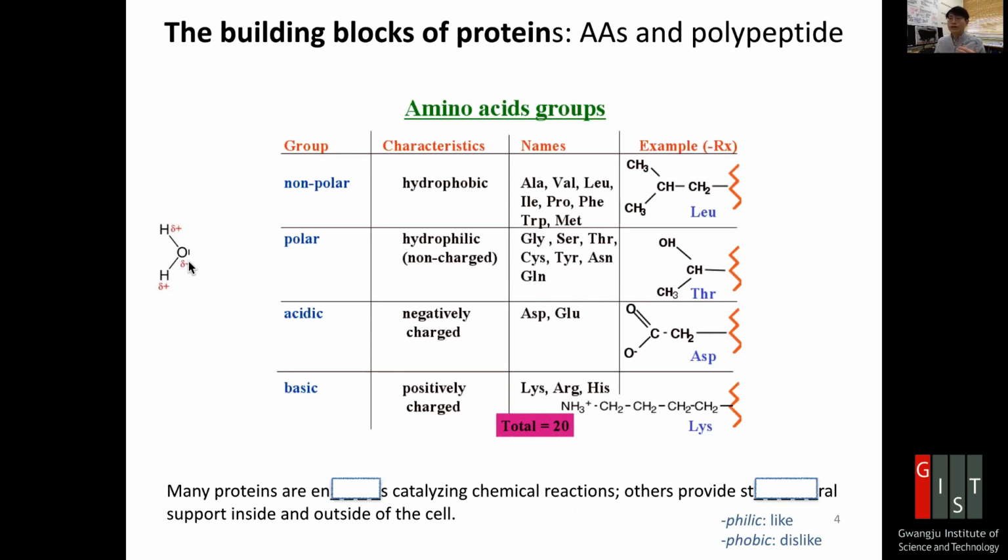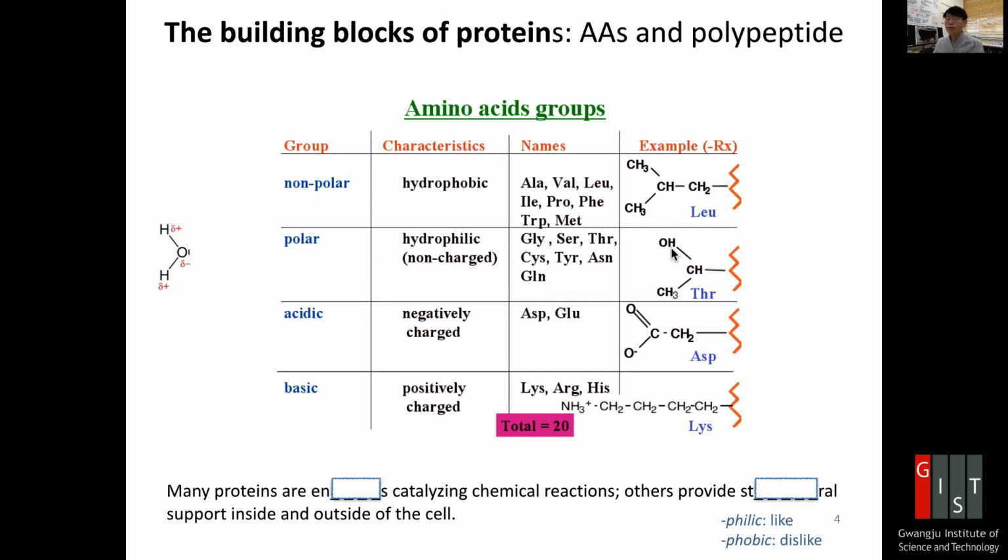So this we call polar. And in physics, we can draw a polar dipole moment. So this water already has a polarity. So water likes to interact with a polar residue or polar molecule. That's why polar molecules will be liked by water. While it's non-charged, there are a number of such amino acid groups. One good example is threonine, like CH, CH3.